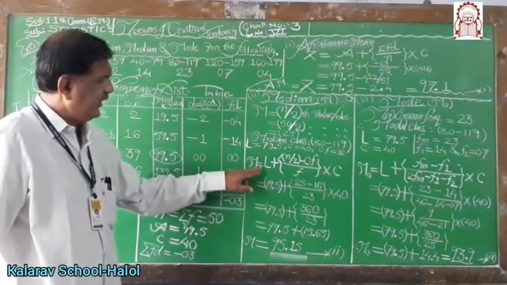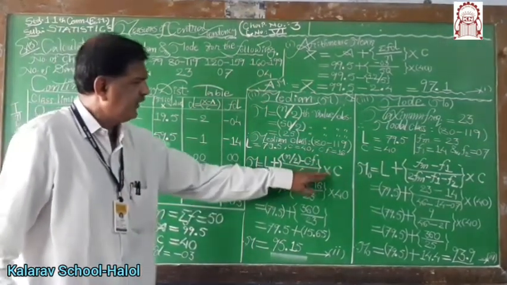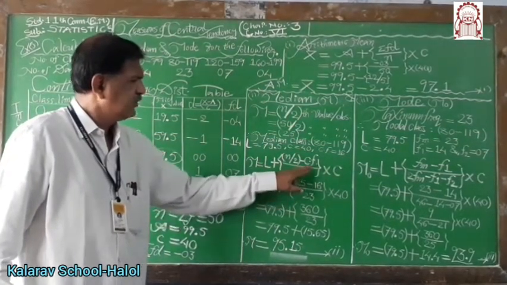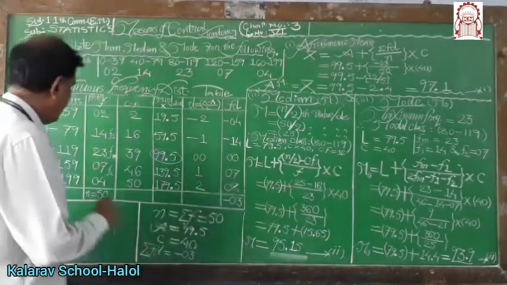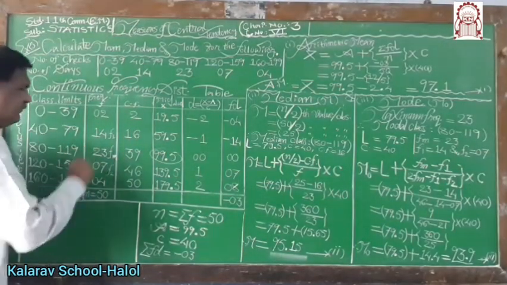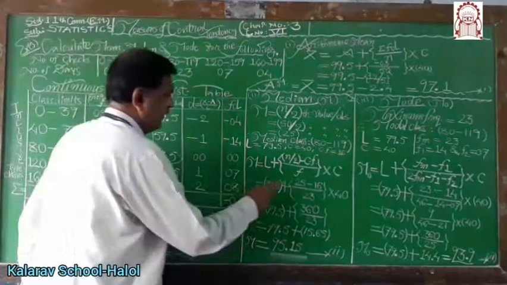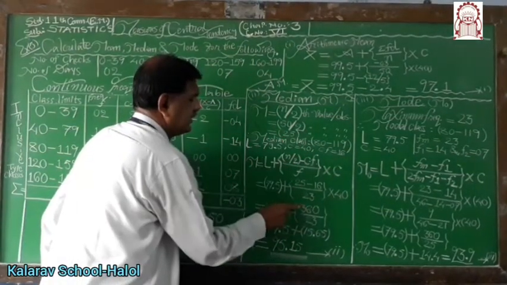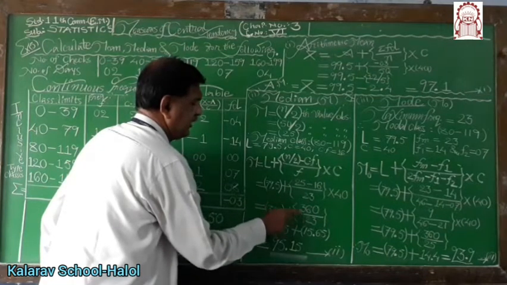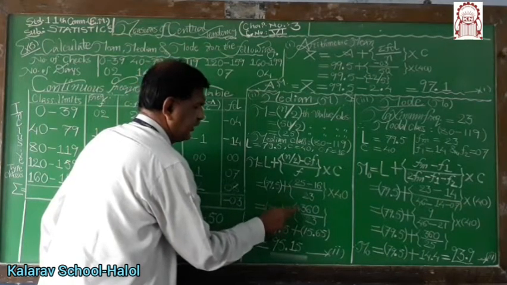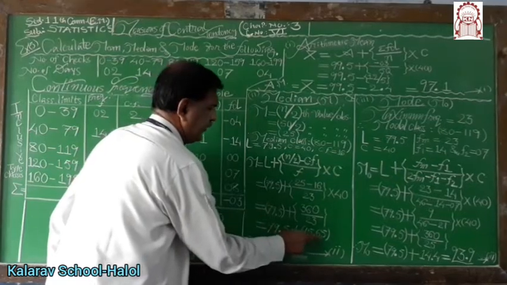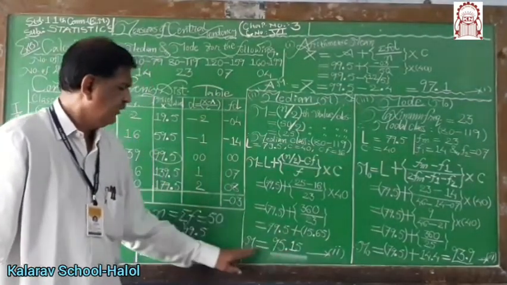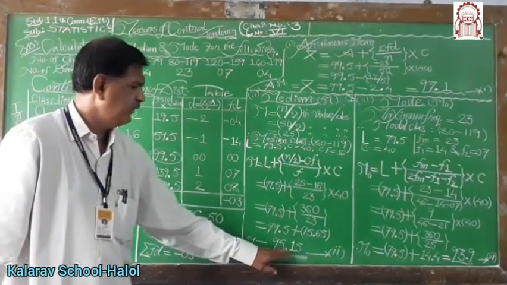Substitute the values: L 79.5 plus n by 2 minus CF upon f, 25 minus 16 is 9, 9 multiplied by 40 is 360, 360 upon 23 is 15.65. Therefore the final answer for the median is 95.15.